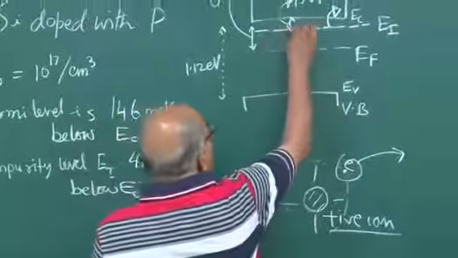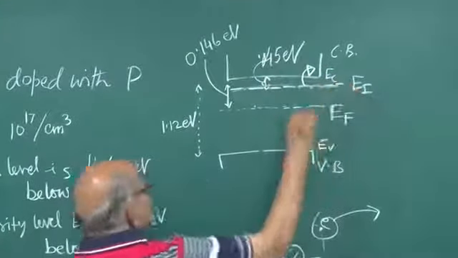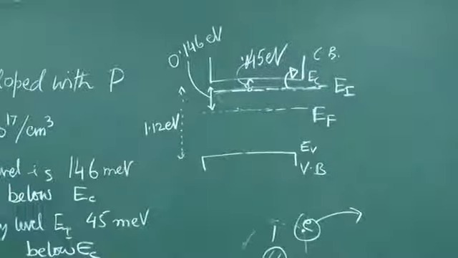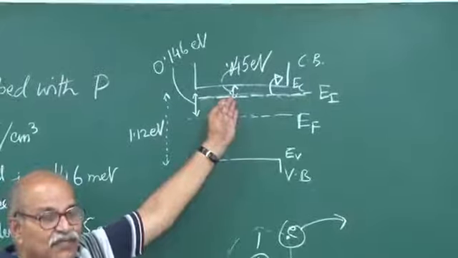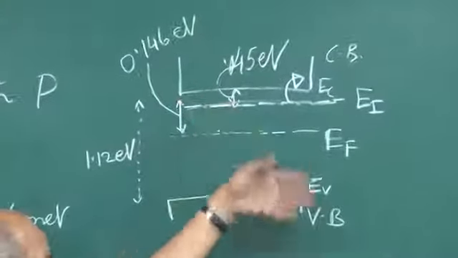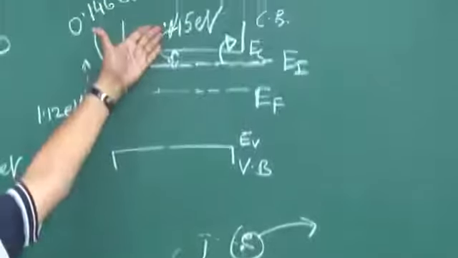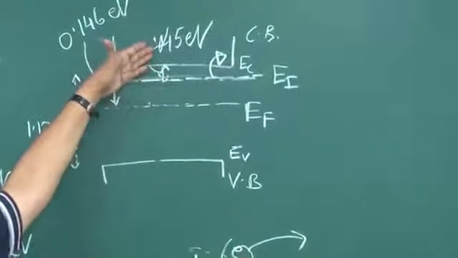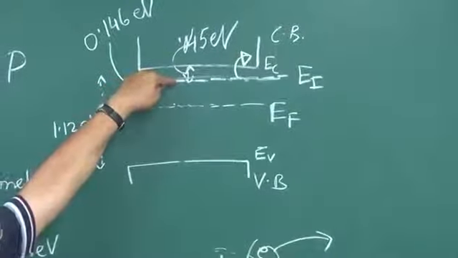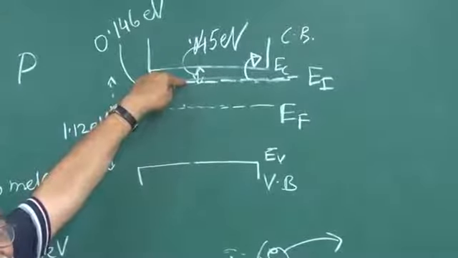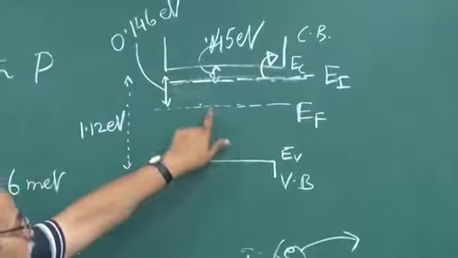So what we will do is calculate the probability of a quantum state being filled here. These impurity levels are created here. So you have created new quantum states, and there are electrons to start with. But then these electrons are going to the conduction band, and there is a probability of that. So what is the probability that a quantum state here is filled by an electron? That probability we can calculate, and for that this EF is needed.